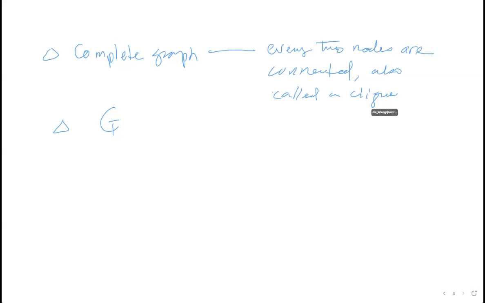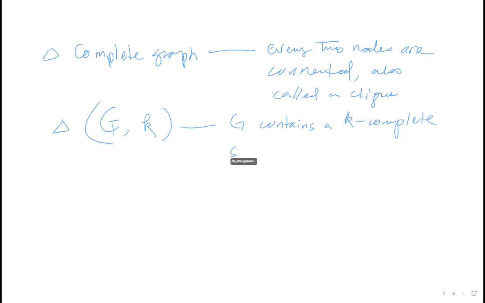Okay, so for the given G and for the given K, where K is an integer, we want to know whether G contains a K complete subgraph. So for instance, this is a clique.